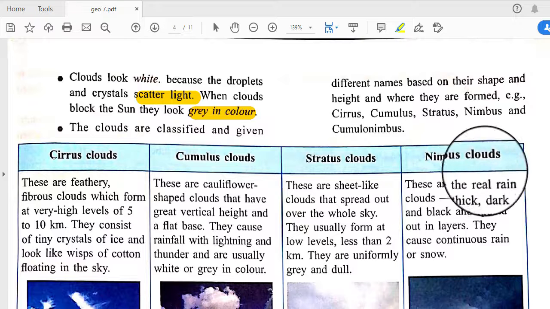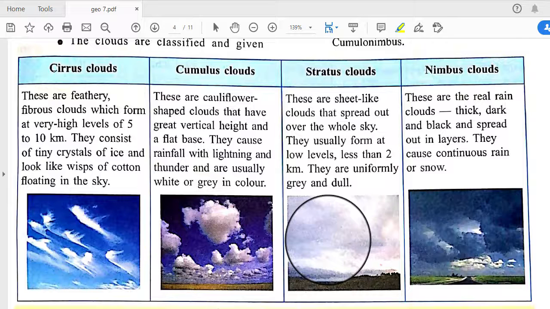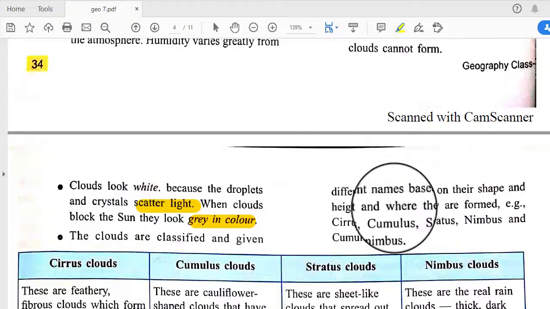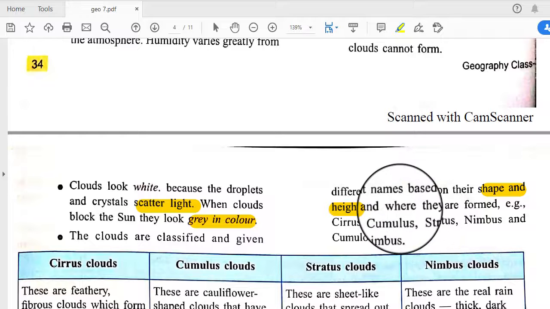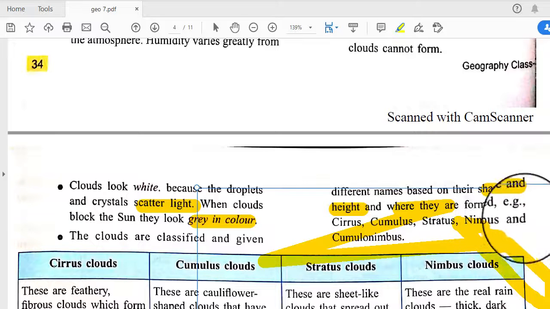These look different, and they are situated at different altitudes. They are given different names based on their shape and height and where they are formed, like cirrus, cumulus, stratus, nimbostratus, and so on.